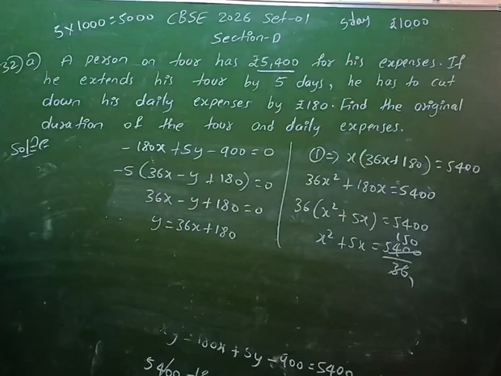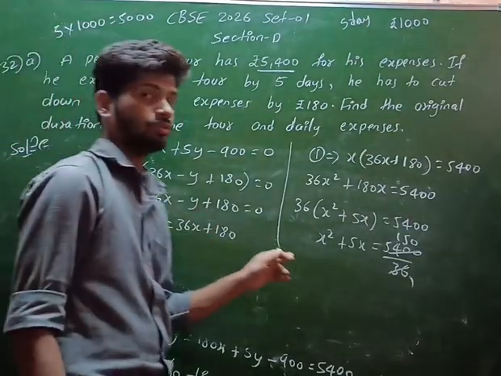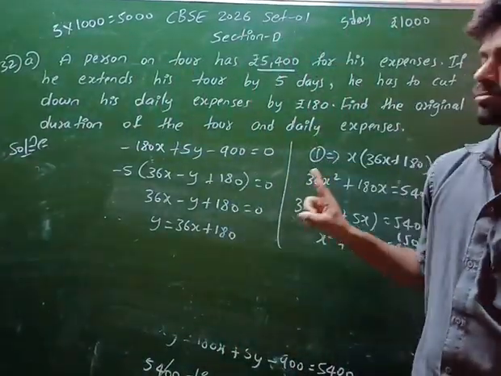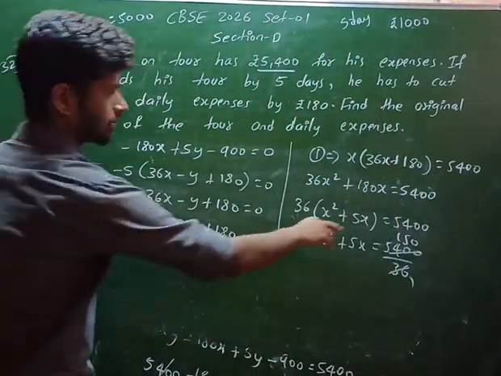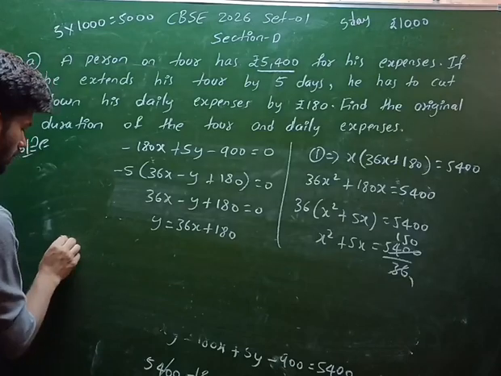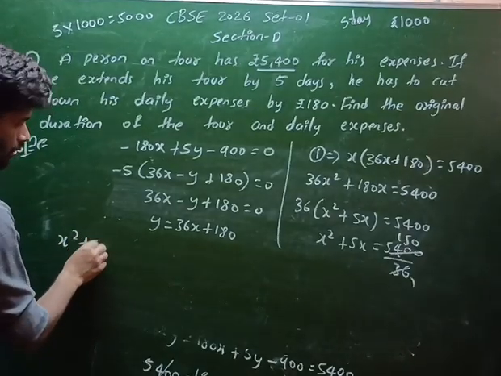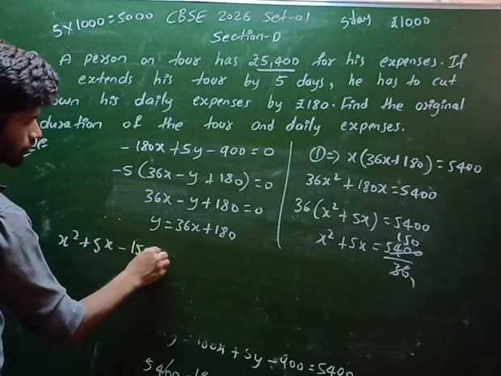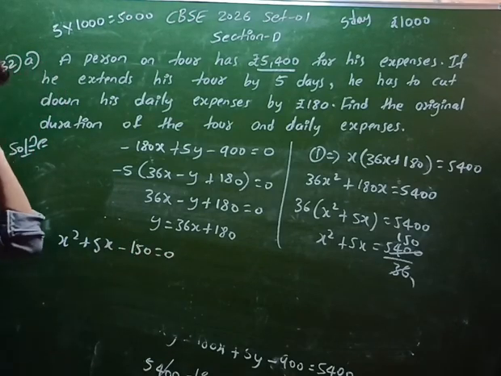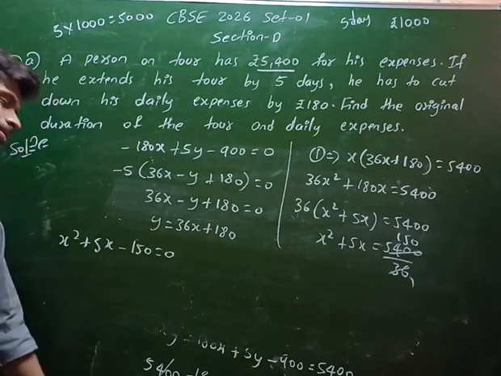Remember, x we took for number of days and y we took for the per day expense. We should not forget that. Now this is x square plus 5x; if you bring 150 here, it would be minus 150 equal to 0. This is a quadratic equation.